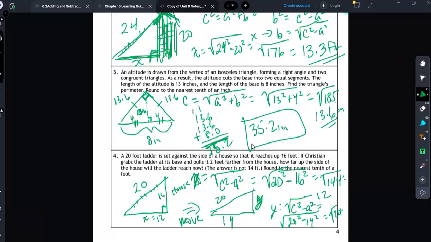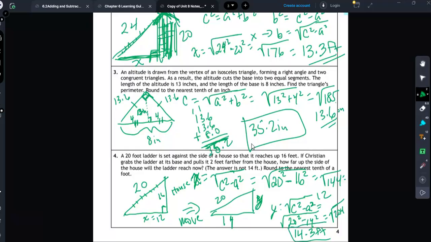So the square root of 204 is approximately, if we round it to the tenth, I have 14.28 on my calculator, so that becomes 14.3, and that is in feet.